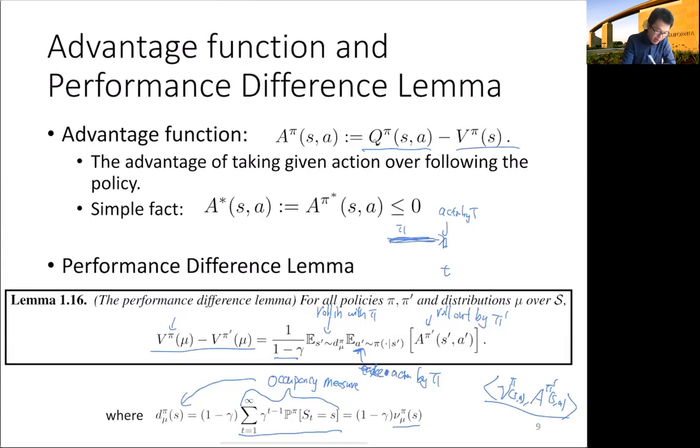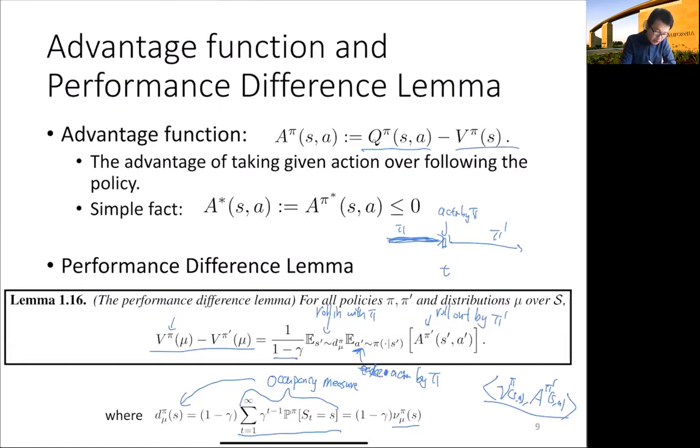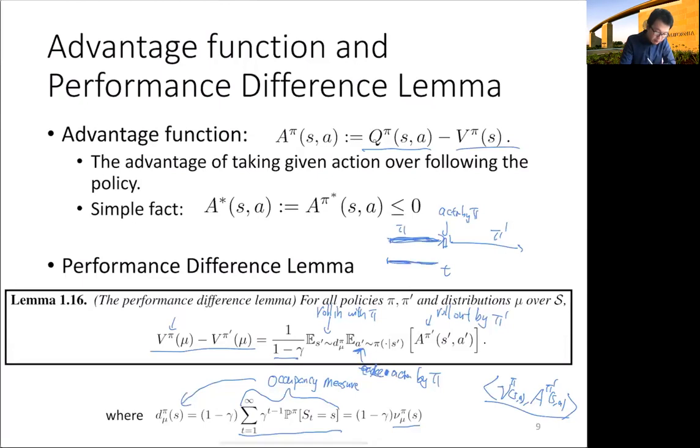So everything here is pi, and after that you take this action also by pi, and after that you take everything by pi prime, right? You are comparing this with the case where you roll in with pi, and then at this particular location you already switch to pi prime, right? And everything else is pi prime. So this is what the performance difference lemma is saying. These two different approaches differ only at this particular location by choosing a different policy, and that completely describes the performance difference of these two policies.